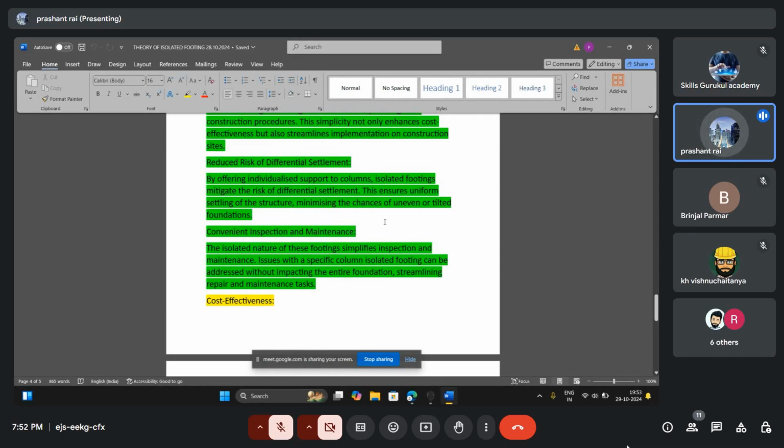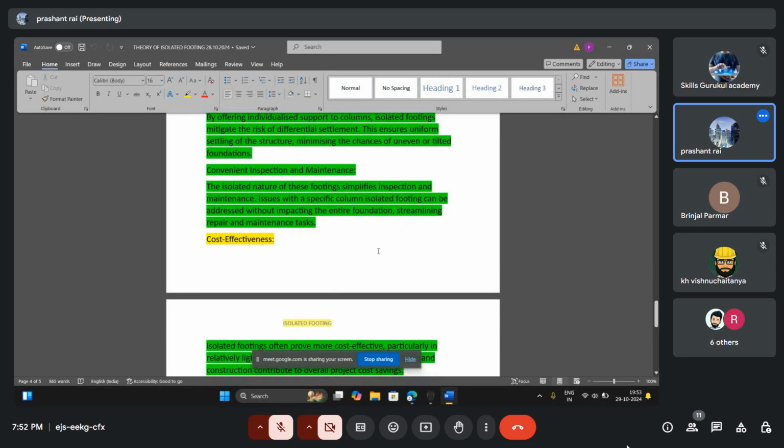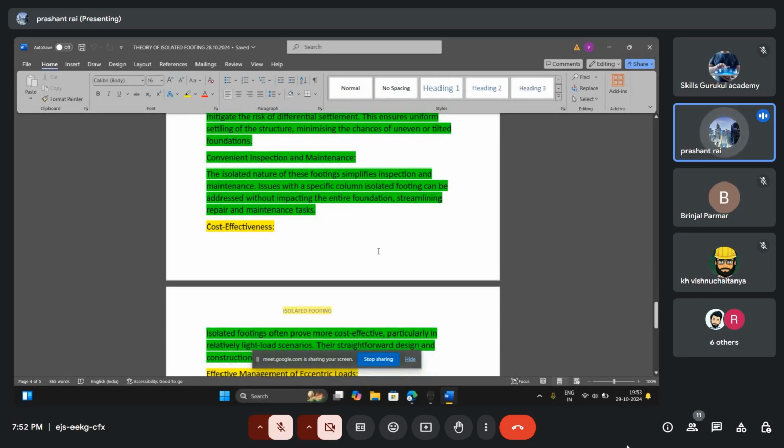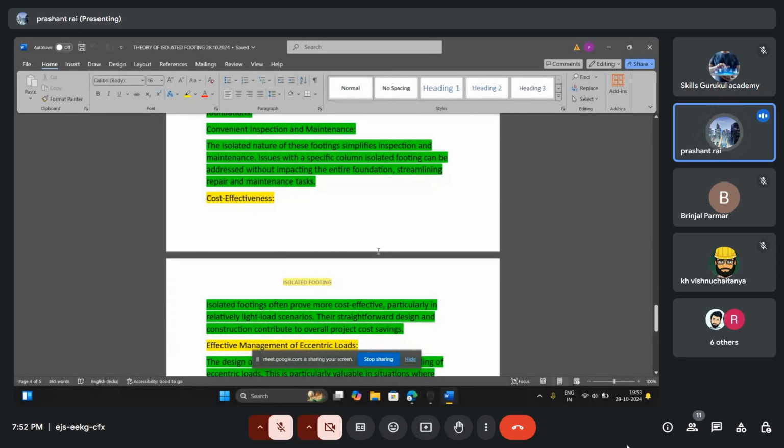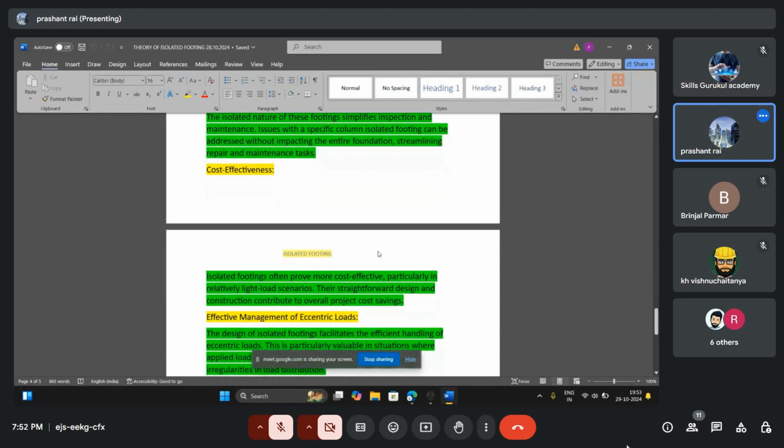This ensures uniform settling of the structure, minimizing the chances of uneven or tilted foundations. Convenient inspection and maintenance: the isolated nature of this footing means inspection and maintenance issues with a specific column can be addressed without impacting the entire foundation, streamlining repair and maintenance.